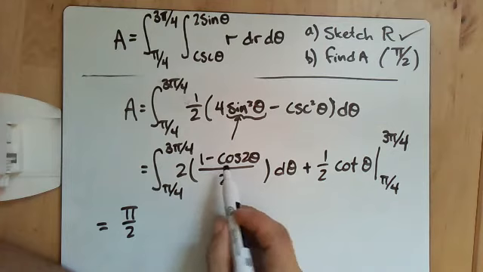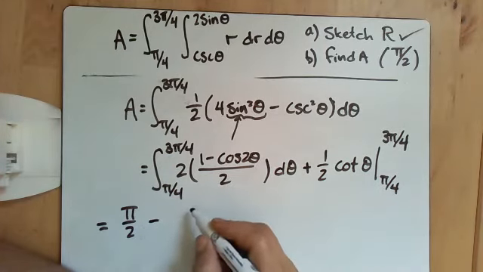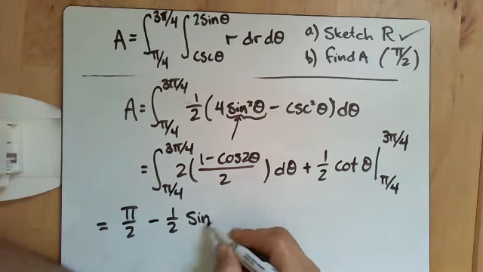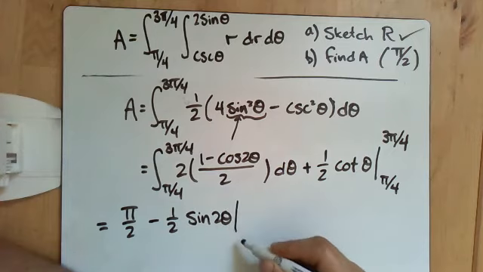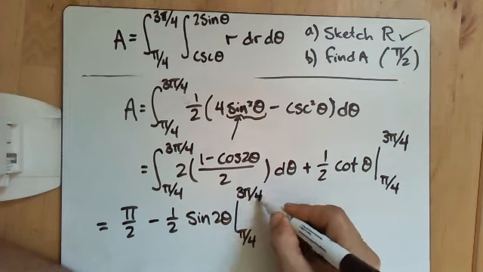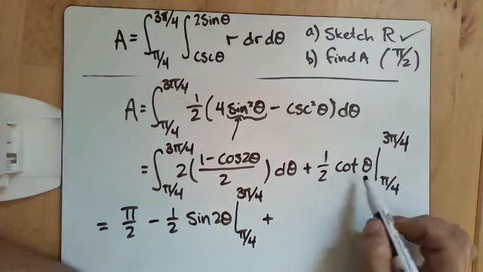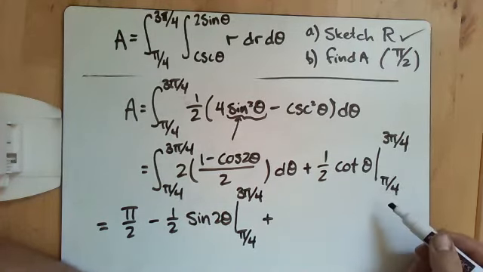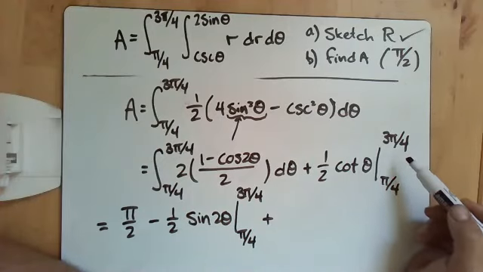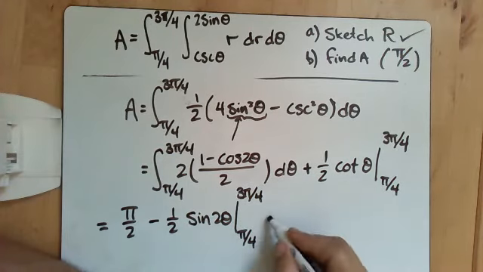Then I am integrating negative cosine of 2 theta, which is negative 1/2 times the sine of 2 theta evaluated from pi over 4 to 3 pi over 4. Then I get plus, all right, well, so the cotangent of pi over 4 is 1, and then the cotangent of 3 pi over 4 is -1. So this becomes -1 at the end of the day.